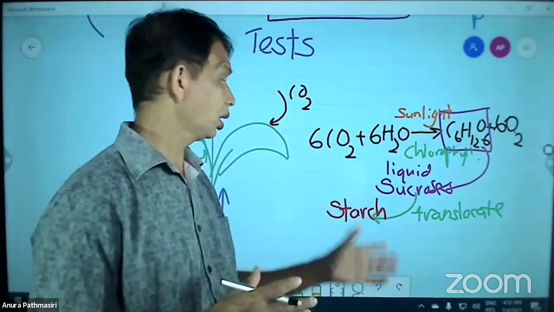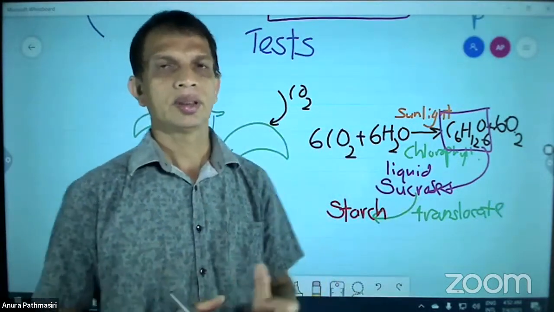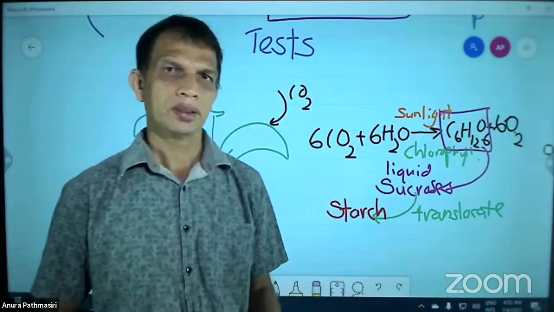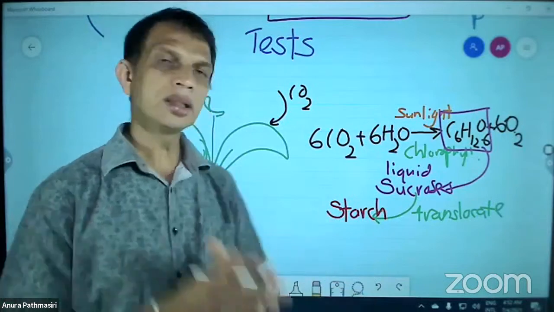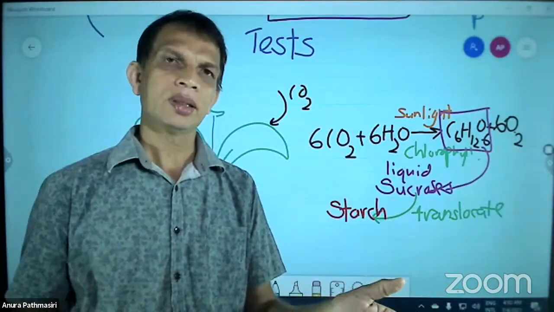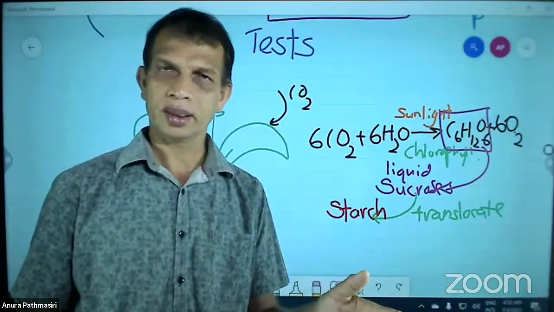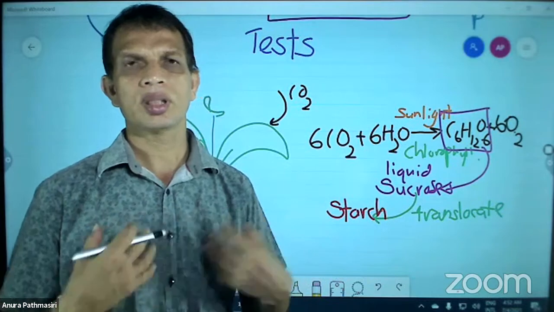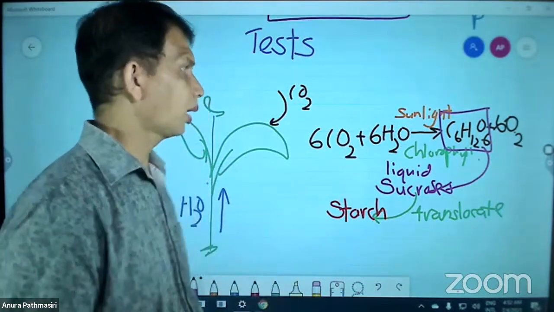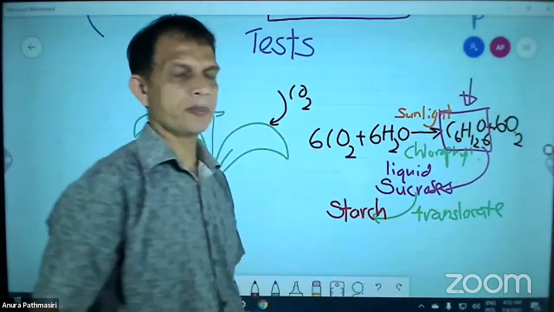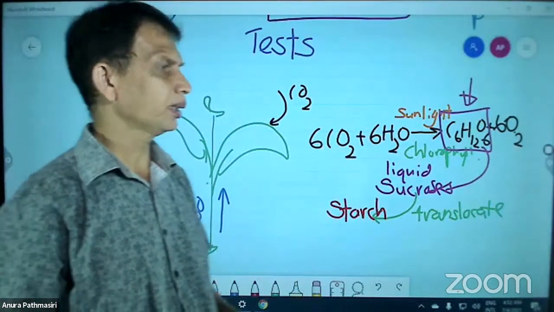Starch is the polysaccharide in the plant body. And then disaccharide, it may be sucrose, but we can't absorb sucrose into our body. We can have only the monosaccharide in our body. We can absorb only monosaccharide.